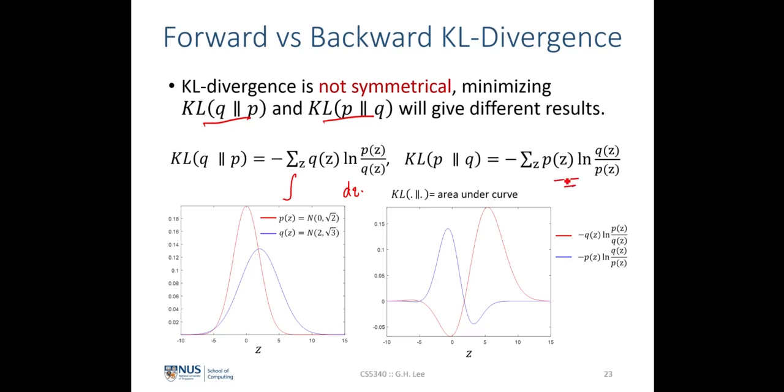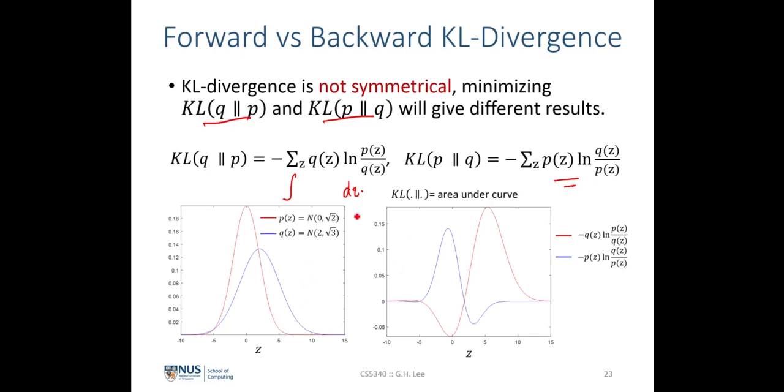In this example, let's look at the case where the probability distribution of P is a Gaussian or normal distribution with zero mean and variance of sigma squared, and we define the probability distribution of Q to be a normal distribution with a mean of 2 and a standard deviation of sigma 3. The distributions look like the red curve and the blue curve here.